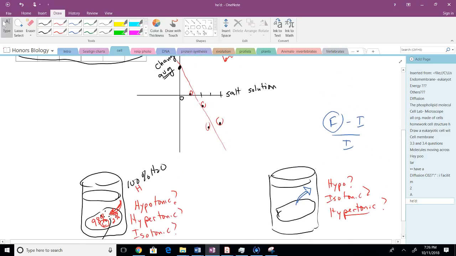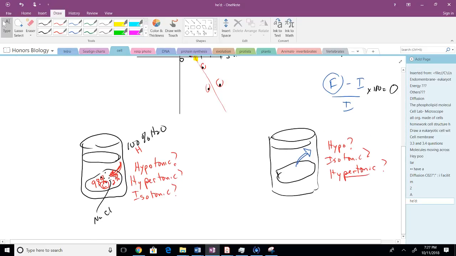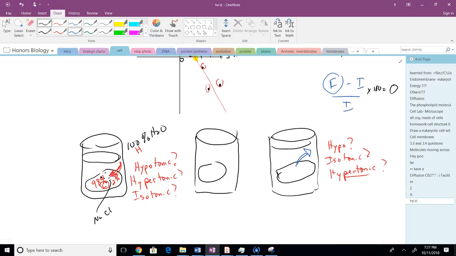Now, if you wait, we'll kind of cover that. And then here's an interesting matter. What about this point on the graph where it crosses the x-axis? That means the percent change was 0. And think about that mathematically. If the percent change equals 0, that means your final mass equaled the initial mass. That means the potato doesn't gain or lose. And hopefully with the virtual labs, you saw that there is only one kind of solution that does not gain or lose mass, and that's the one where there's an equal amount of water going out and in.